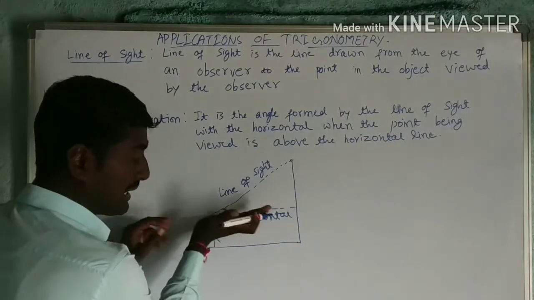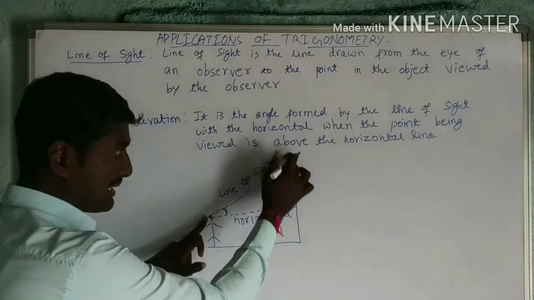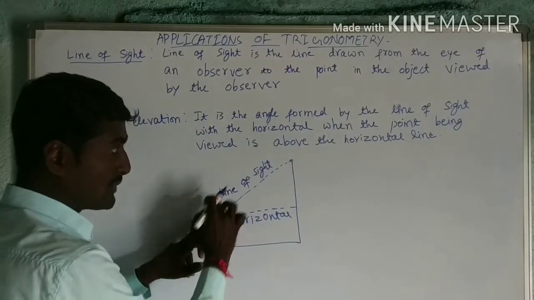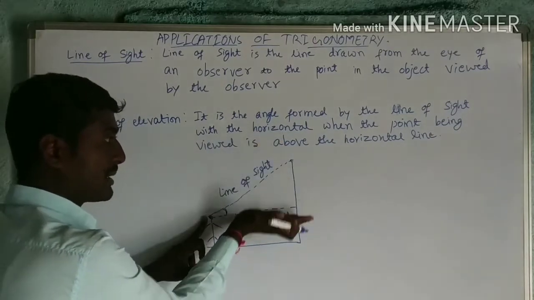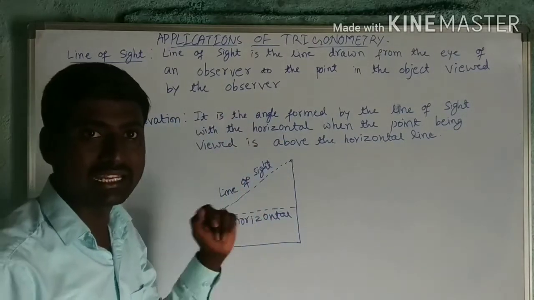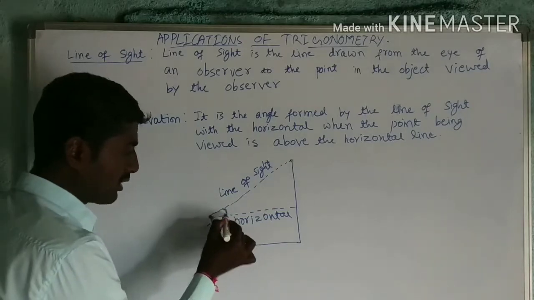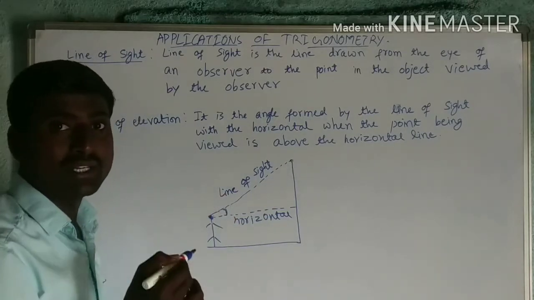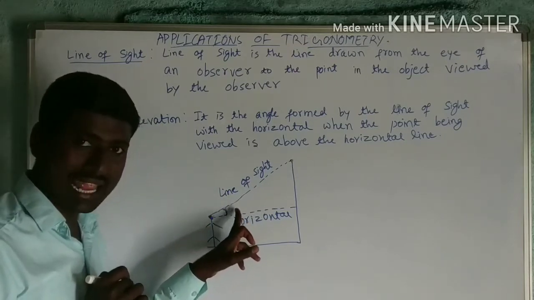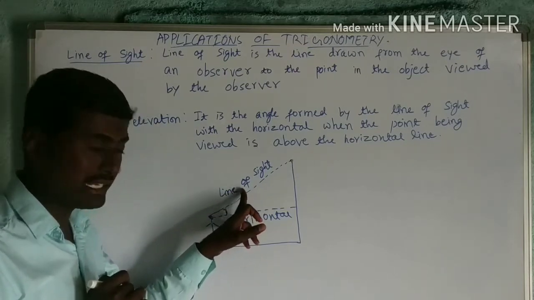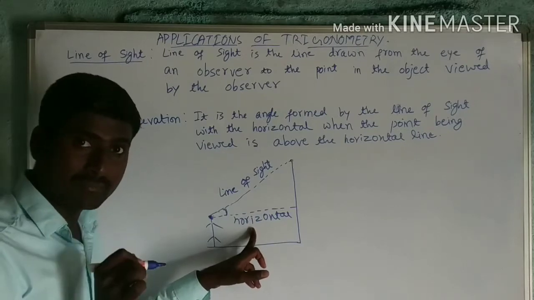The observer is going to observe a point that must be above the horizontal line. Then this angle is called angle of elevation. What is angle of elevation? The angle formed by the line of sight and the horizontal line.